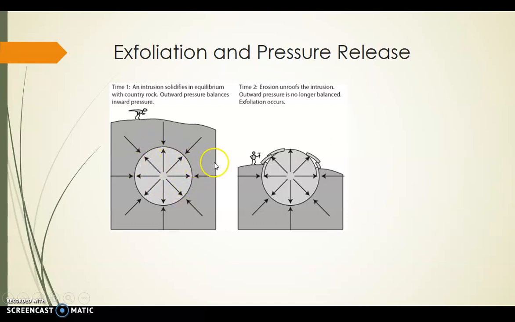Over time, we go from the time of the dinosaur to the time of people, and all of this erodes. So now you've still got the external pressure here, and therefore you've also still got the internal pressure, but there's no external pressure any longer in this area.